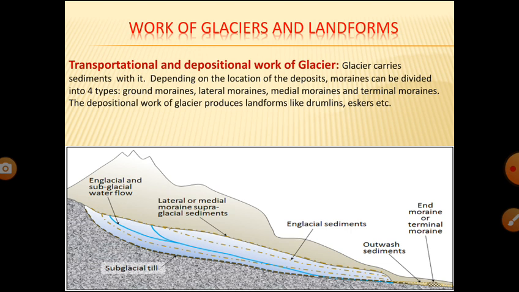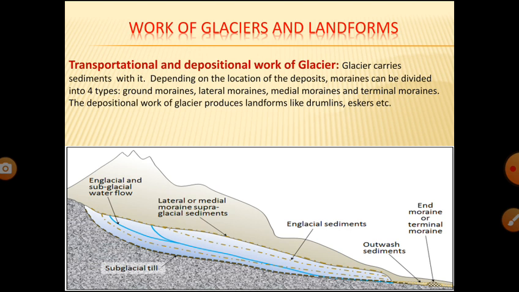Depending on the location of the deposits, moraines can be divided into four types: ground moraines, lateral moraines, medial moraines, and terminal moraines. The depositional work of glacier produces landforms like drumlins, eskers, etc.